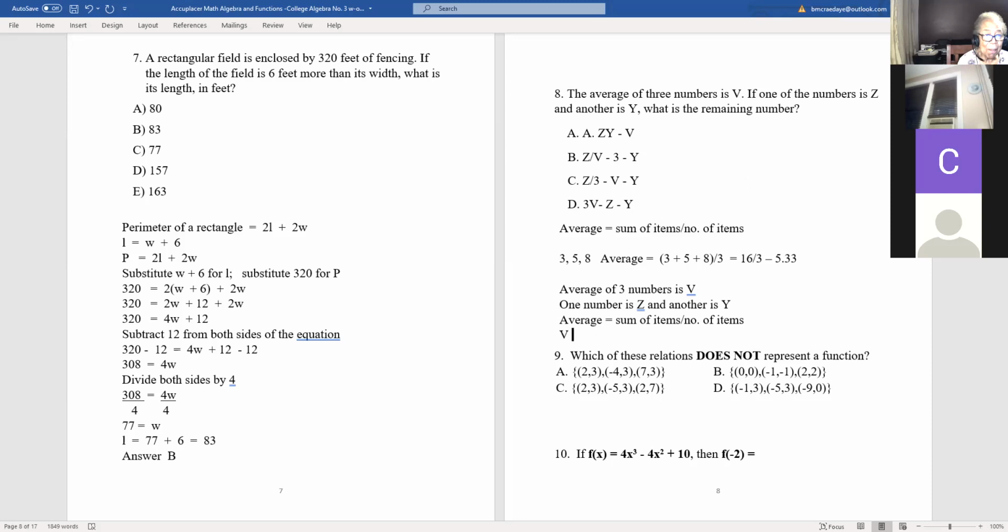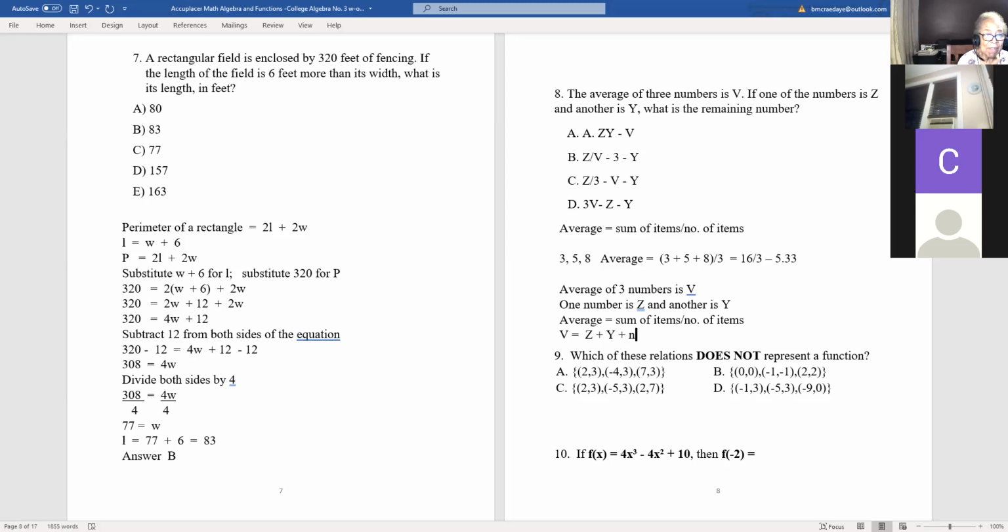Now it says the sum of the numbers, and the sum of the numbers are going to be what? What do I have to add to get the sum? Now, they gave me Z plus Y, and we'll say we have another number, and we'll just call that N. That's what we're looking for, right?